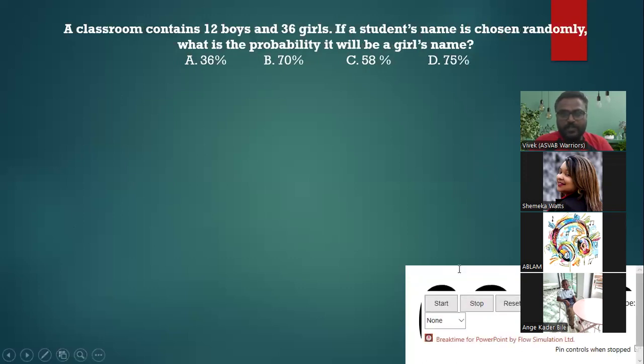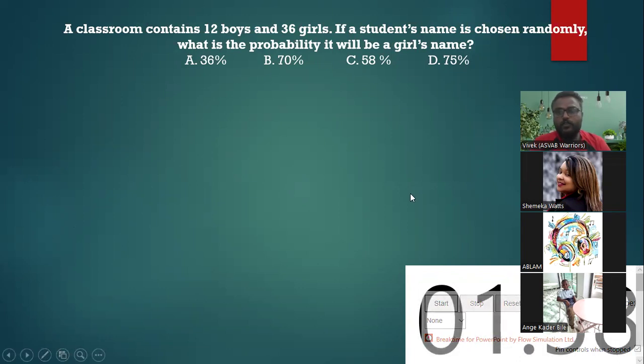Here is the next question, guys. Solve it. It's going to be percentage.